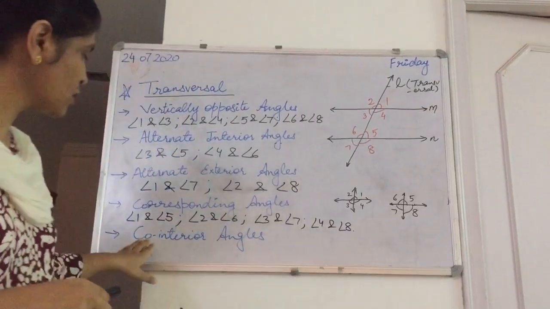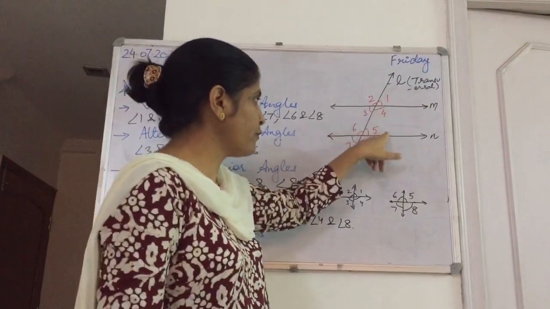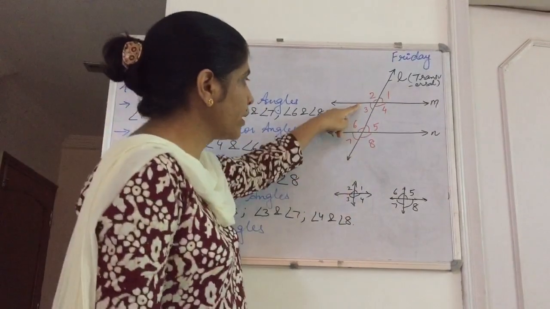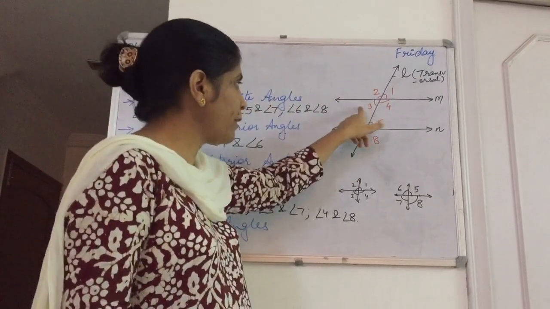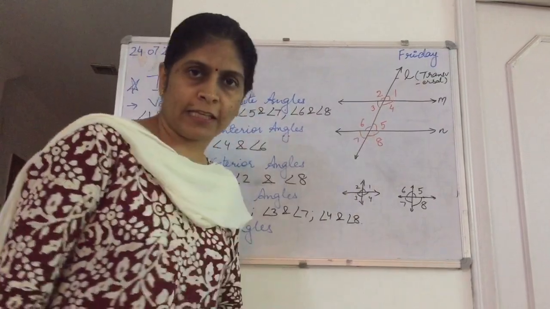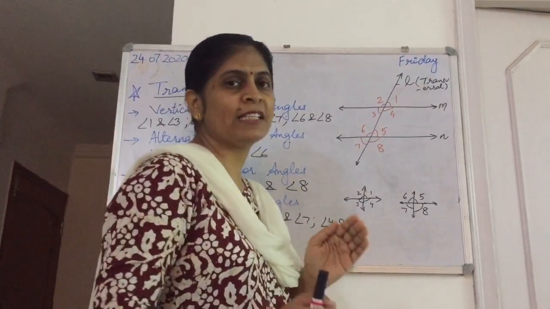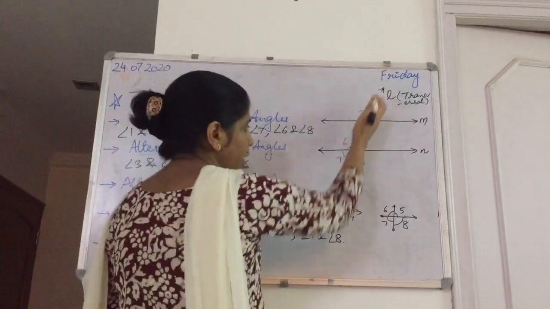Now let's talk about co-interior angles. As the word says, co-interior: interior means again 3, 4, 5, 6. Co means partners. So what are the partners of 3? Either the partner is 4 or 6. But when we talk about co-interior, it means that they should be on the same side of the transversal.